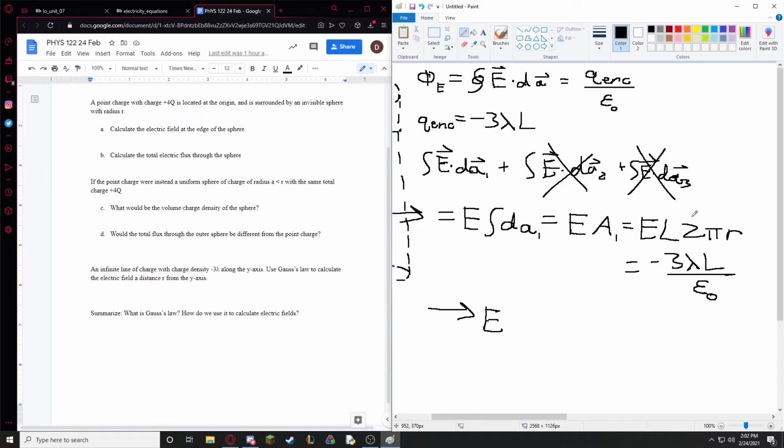Our L's cancel, and we can solve for E. The 2 pi r comes down here. So we have negative 3 lambda over 2 pi r epsilon naught. And we know it's going to be radially outward in the r hat direction.